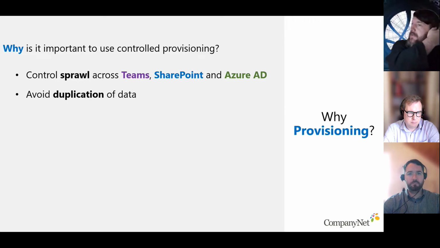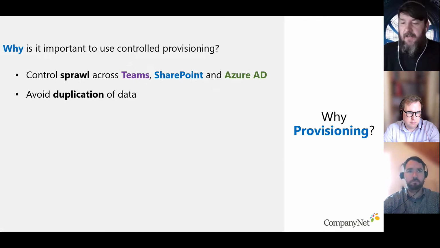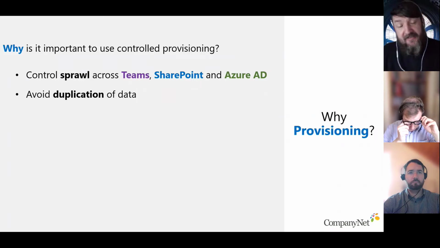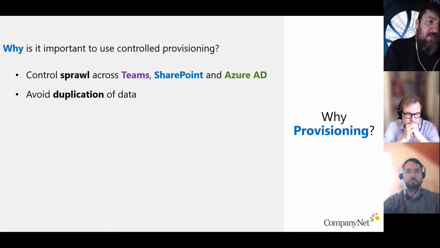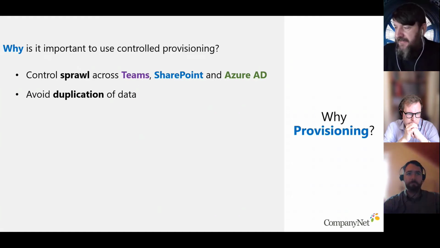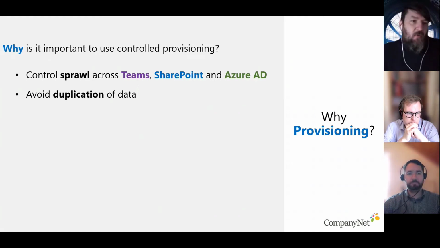And as I mentioned there, it's also about duplication of data. When we're allowing people to create these workspaces, these areas where they're maybe storing files or having conversations about files, we don't really have any monitoring or any communication around there. So if someone from the finance team creates an M365 group or a team for their finance team, but then maybe Susan or Stephen has already created one as part of their morning activities, you now have two areas where no one really knows where to go.